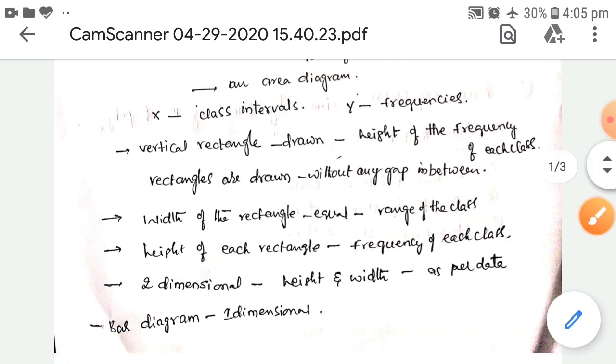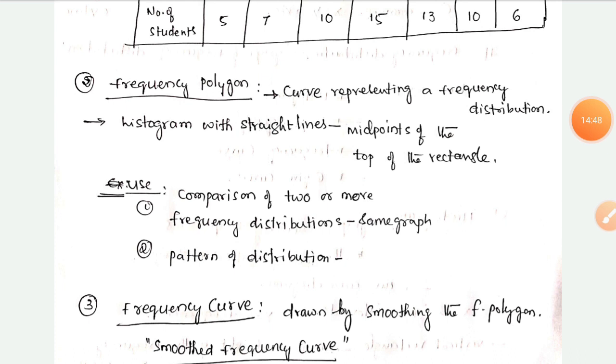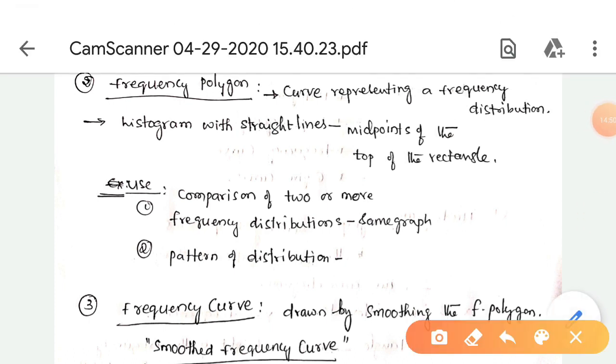The next one, frequency polygon. It is a graph of a frequency distribution.